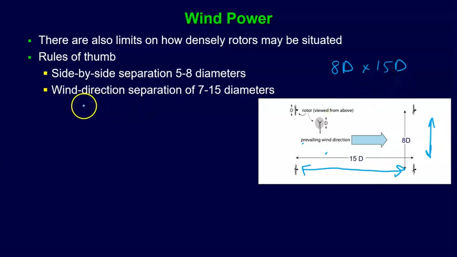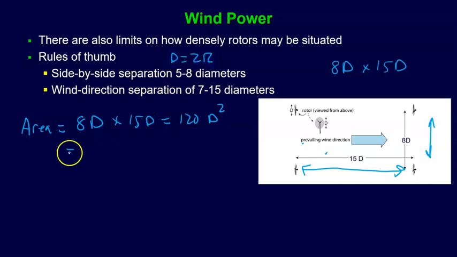And so if we just go through that real quick. One thing that they calculate then is how much land area you're going to have in a case like this. So the area, if you do 8 diameters times 15 diameters, when you multiply those together, you get 120 diameters squared. Now remember that a diameter is just twice the radius.